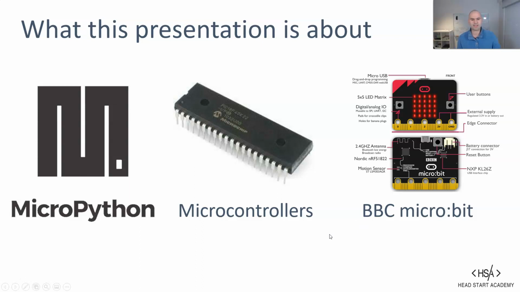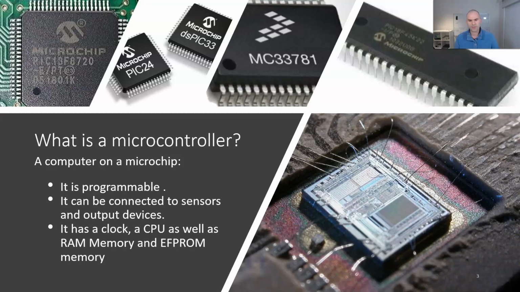And I think the best place to start is actually to talk about microcontrollers. So what are microcontrollers? Well, a microcontroller is a computer on a microchip. It is programmable and it has pins, which are generally called GPIO pins, general purpose input-output. So they can be attached to sensors and output devices.